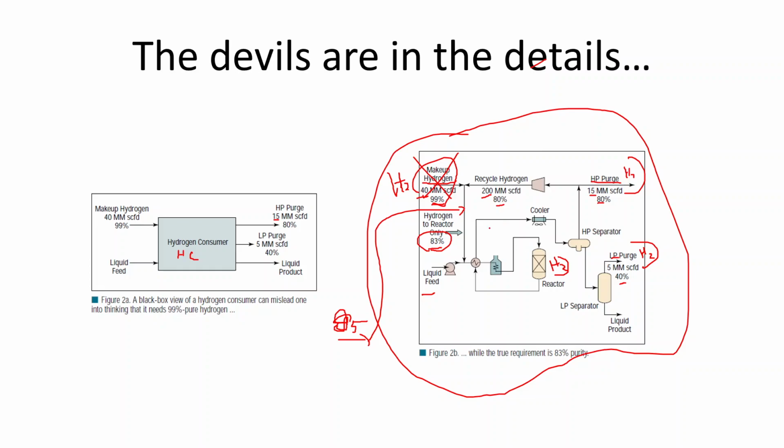But then you have a huge amount of hydrogen being recycled, simply to accommodate the requirement of hydrogen partial pressure, how much hydrogen is required for the reaction, and also to clean the catalyst. For example, in hydrocracking, we need to prevent the coke from happening.